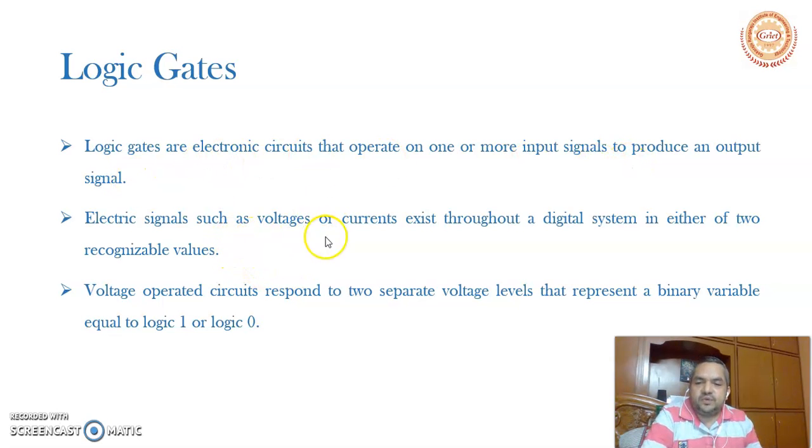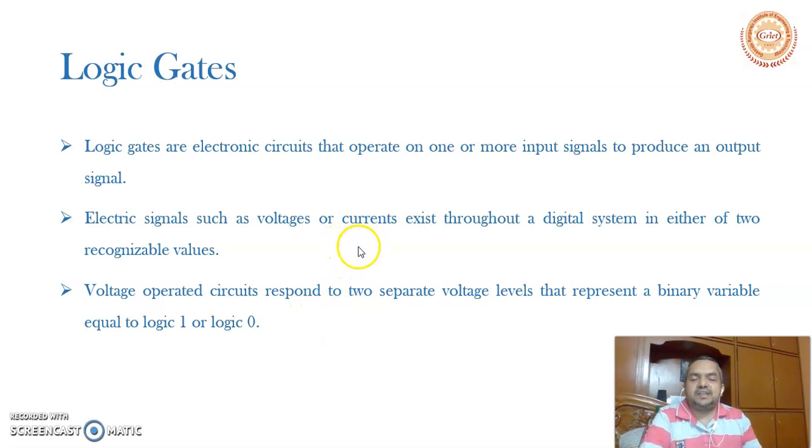Electric signals such as voltage or current exist throughout a digital system in either of two recognizable values. Voltage-operated circuits respond to two separate voltage levels that represent a binary variable equal to logic 1 or logic 0. So, to implement any binary operation, we normally use a digital electronic circuit called a logic gate.